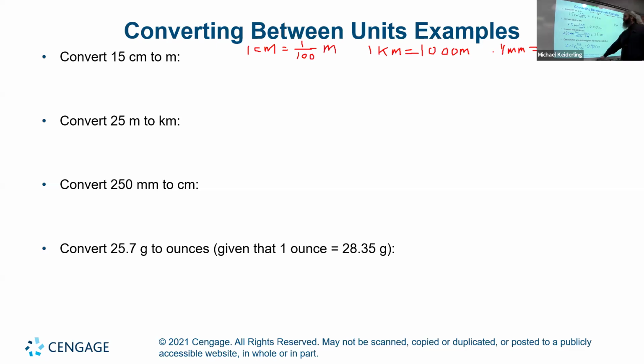The general idea is that you're multiplying by a ratio where the top and bottom are equal to each other. So that's the same as multiplying by 1. So you're always going to multiply by the top and then divide by the bottom.